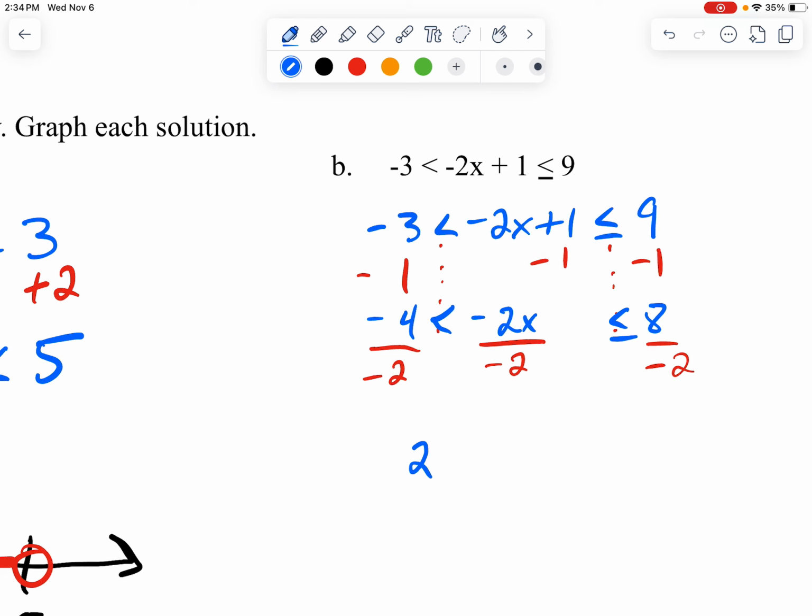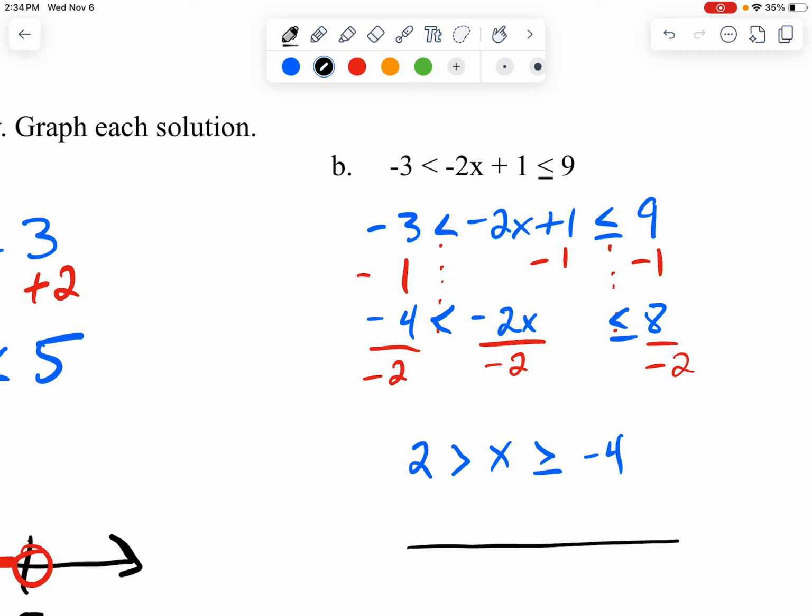Since I divided by a negative, I have to flip my sign, flip my other sign. 8 divided by -2 is -4. So it's all the rules we've applied before. Everything is still the same. We just have a compound inequality, where we have more than one together at the same time.